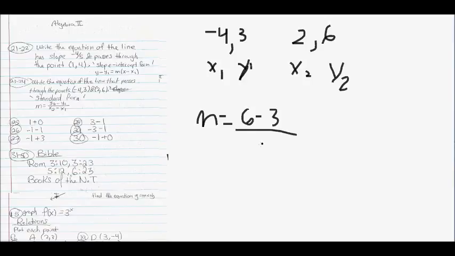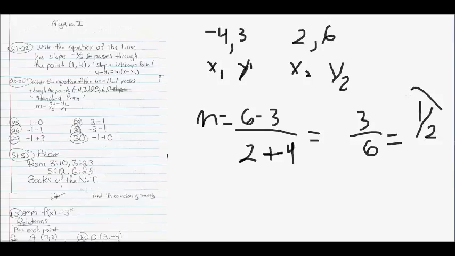Write down m equals our y2, which is 6, minus y1, which is 3, over our x2, which is 2, minus our x1, which is a minus 4. Alright, a minus and a minus becomes a plus, so we'll just make that into a plus. Let's simplify it. 6 minus 3 is 3, 2 plus 4 is 6, and if we simplify it, we have 1/2. M equals 1/2, the slope equals 1/2.